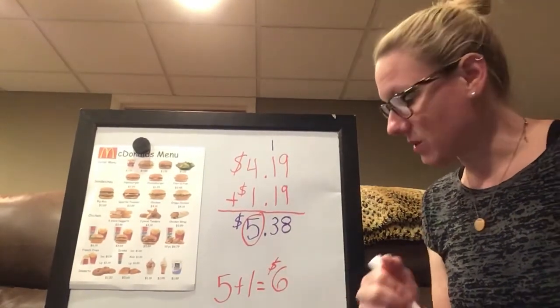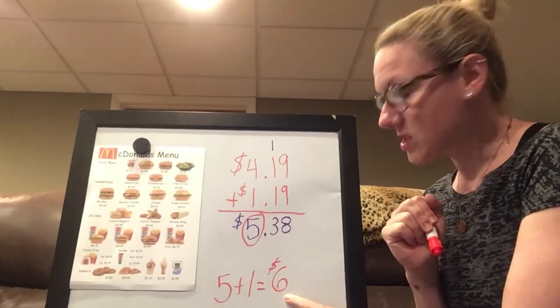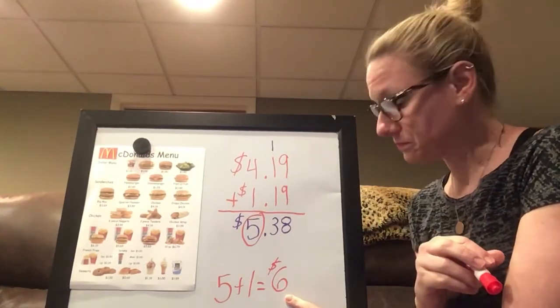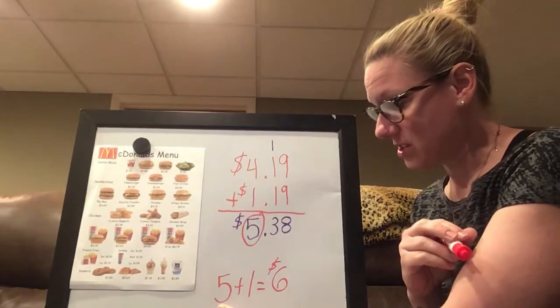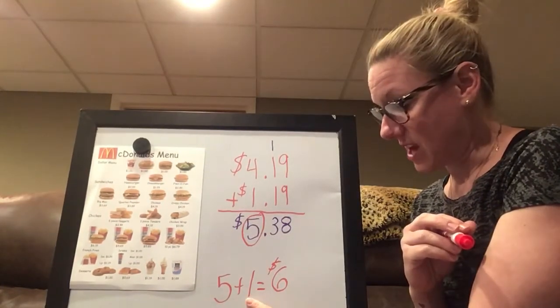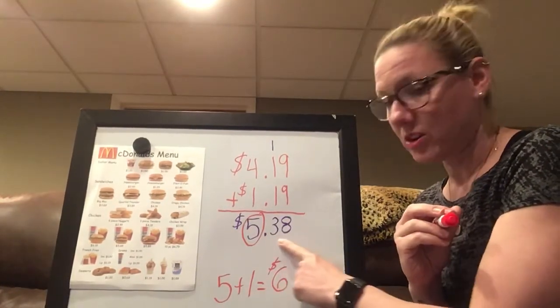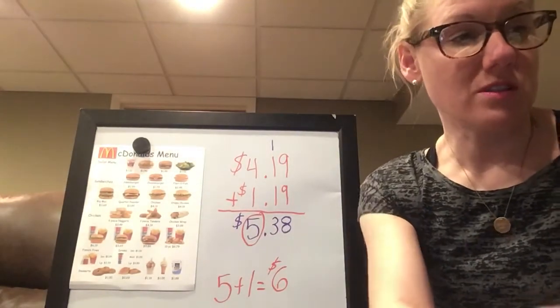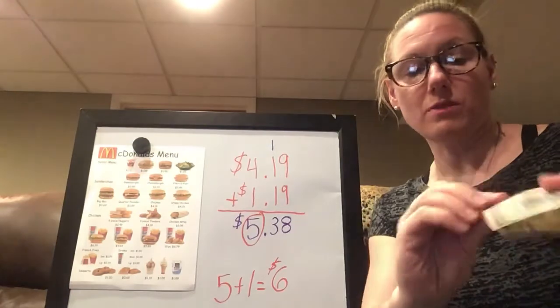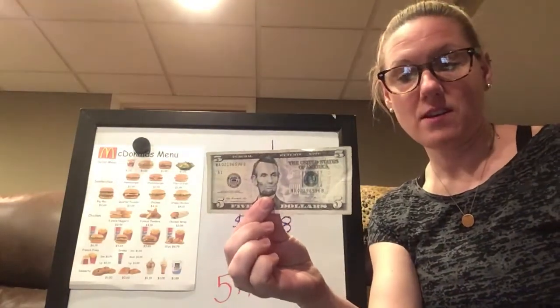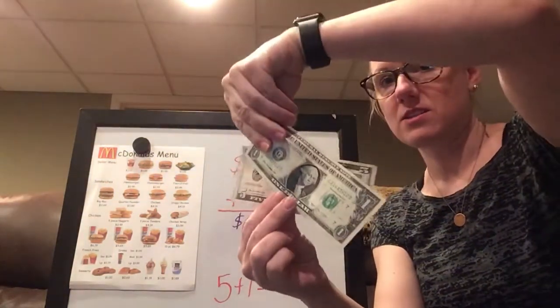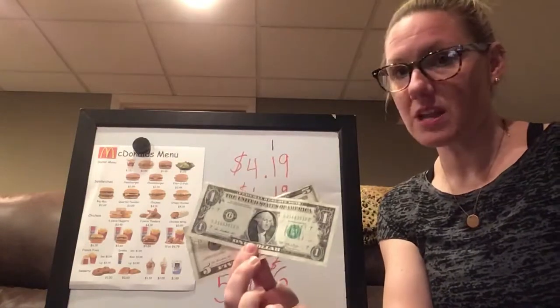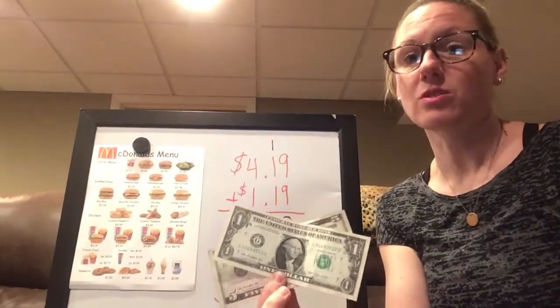I would need to count out $6 to pay for those 2 items. I would make sure I have enough for the dollar amount, 5, and add one more dollar to cover the change. You could pay for that with singles, or you could pay for it with a 5 and a single. That would be $6, which would be enough money to cover those items.